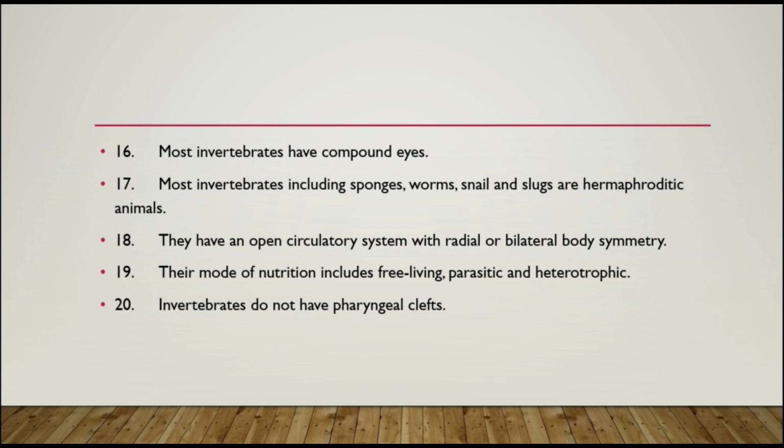Hermaphroditism is a condition of having both male and female reproductive organs. They have an open circulatory system with radial or bilateral body symmetry. Their mode of nutrition includes free living, parasitic, and heterotrophic. They do not have pharyngeal clefts.